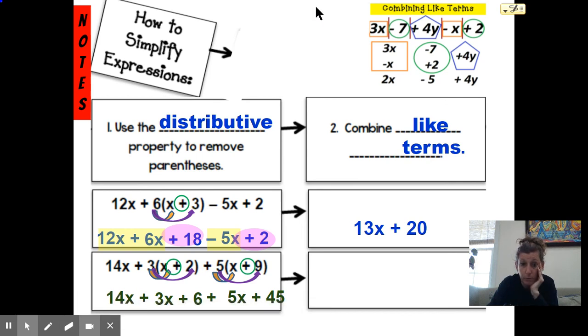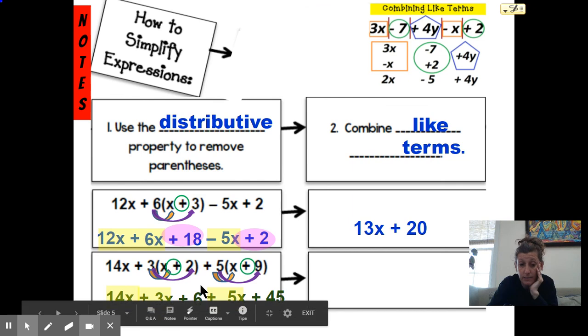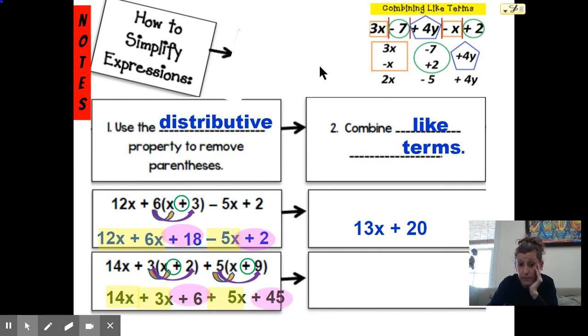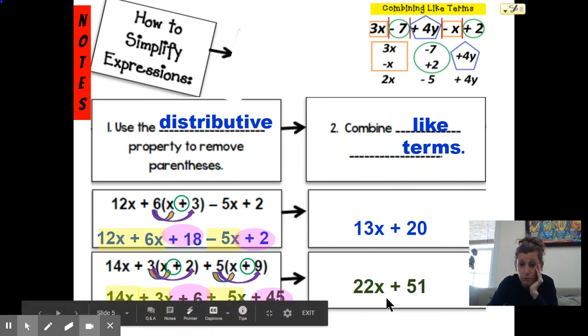So now I'm just going to put my cholos, my x's together, and my constants together, just to make it shorter. So I've got 14 cholos plus 3 cholos plus 5 cholos. And then for my constants, I've got 6 and 45, and they're all addition, so I can just add them. And that is going to give me 22 cholos plus 51 constants.